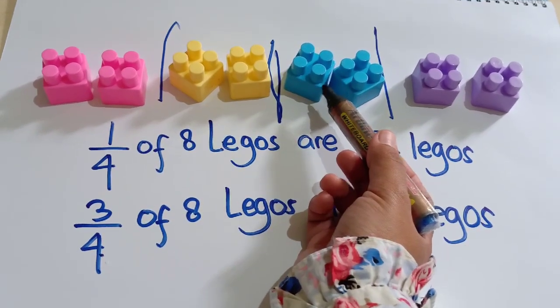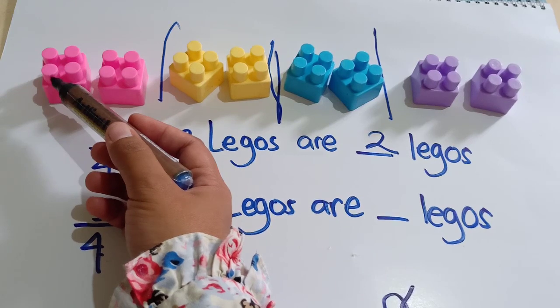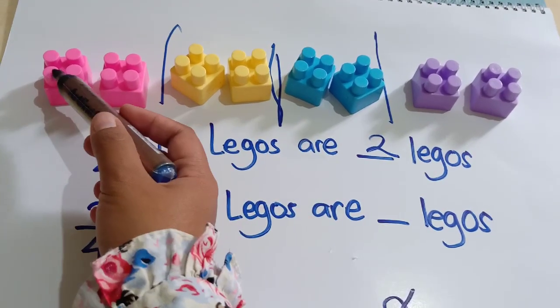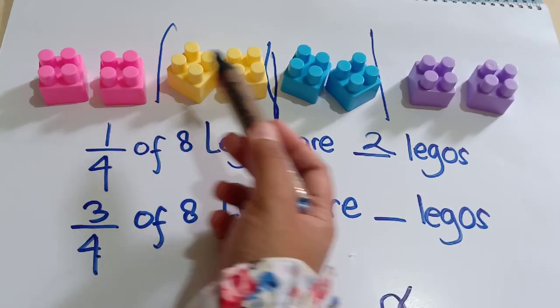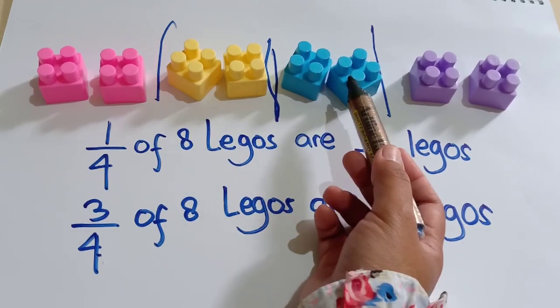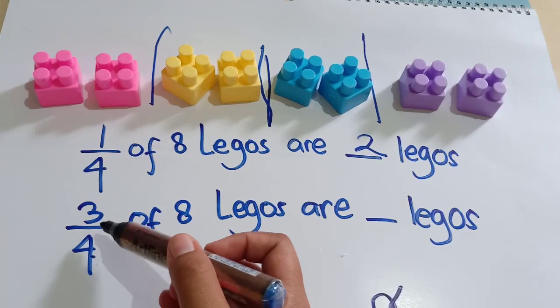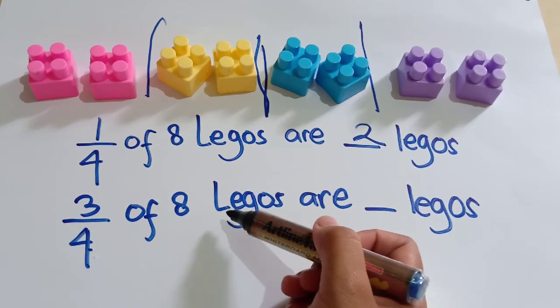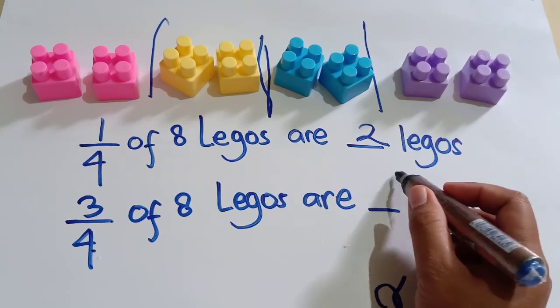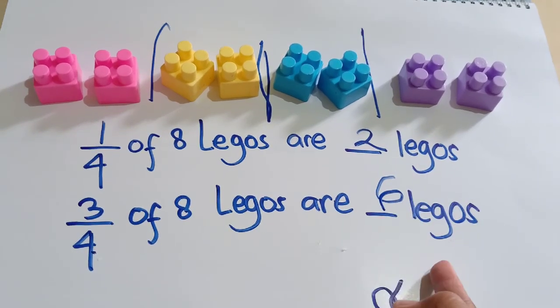How many Legos are in those 3 groups? 1, 2, 3, 4, 5, 6. Yep, that's correct. The answer is 3/4 of 8 Legos is 6 Legos.